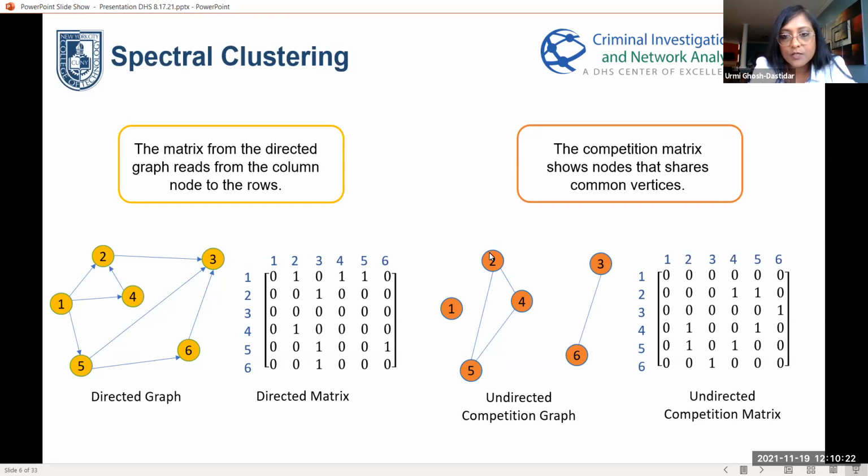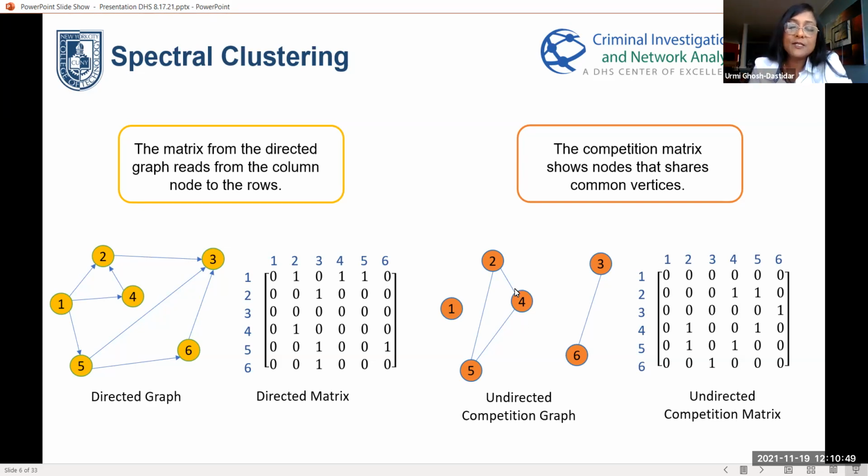So in the undirected graph, 2 and 4 are joined by an edge. Similarly, 1 brings information to 5 and 1 gives information to 4, so 4 and 5 are also joined by an edge. 1 is not receiving any shared information, so 1 is represented as an isolated node.